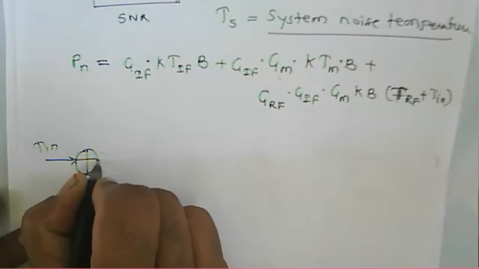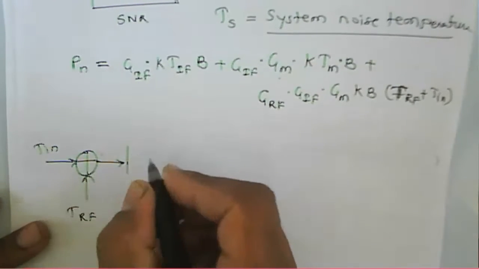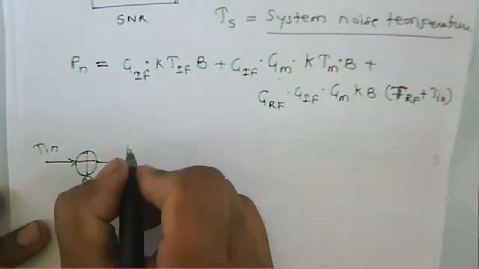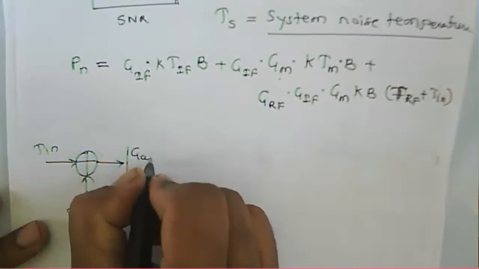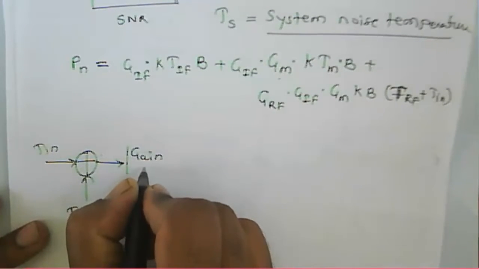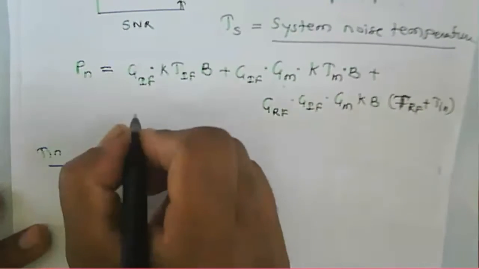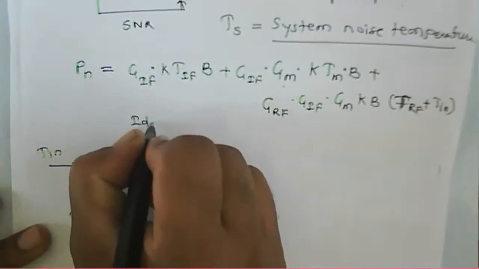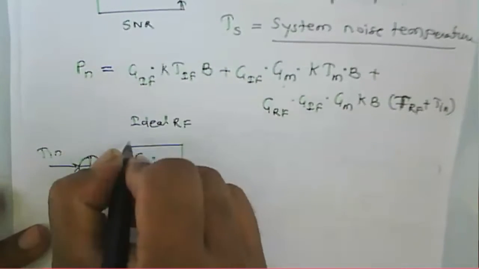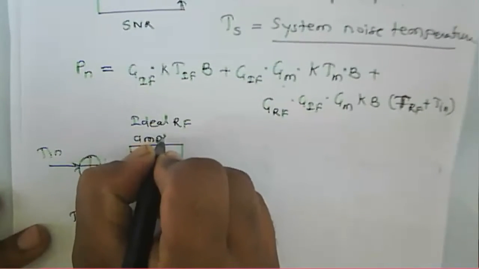Then it is further processed by the ideal RF amplifier. So we have the gain, that is GRF here. We can say the ideal RF amplifier.